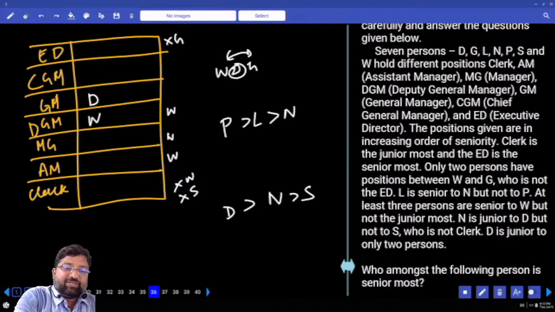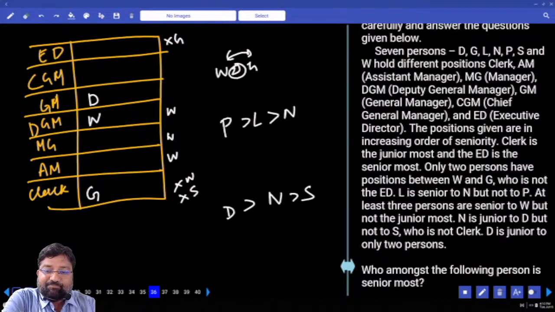If I go for W here, in the first case, I can check G before W. G should be after W. Next, before N, minimum how many people? Three people. Who are those three people? P, L and D. D's position is already fixed.